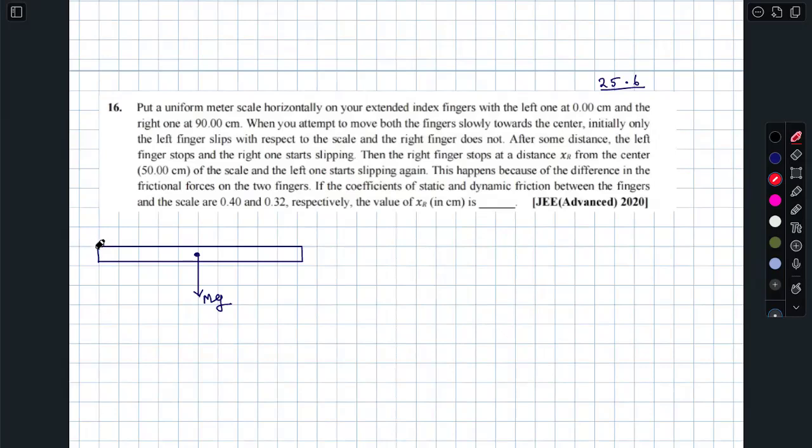This is 0 centimeter and this is 90 centimeter. That's what you have given. One point is acting here. Let that be N1. It is a meter scale. Have you seen that? Meter scale. And the right one at 90 centimeters.